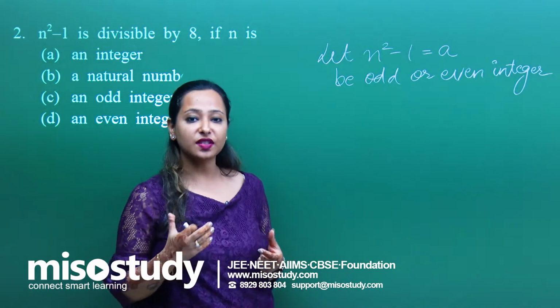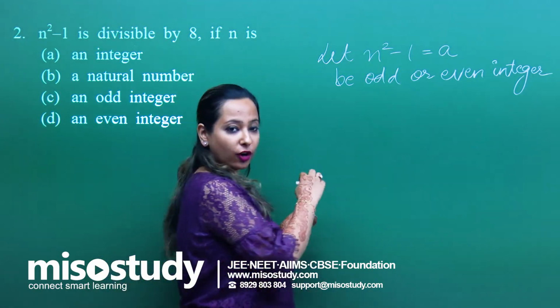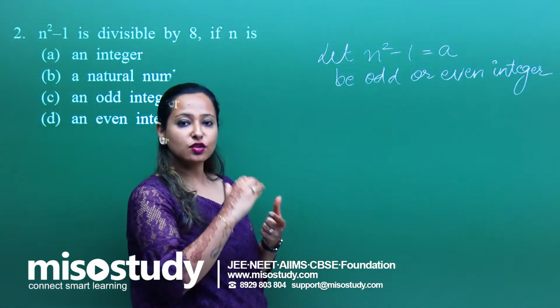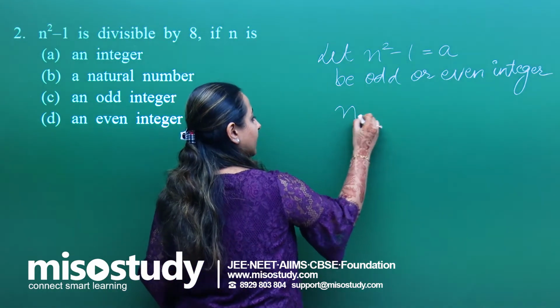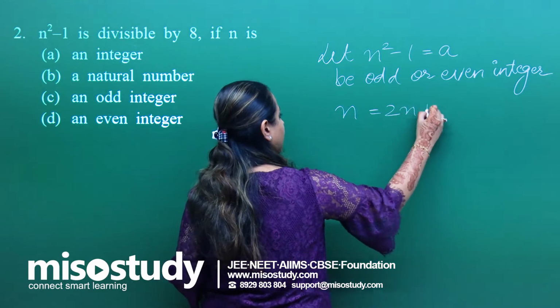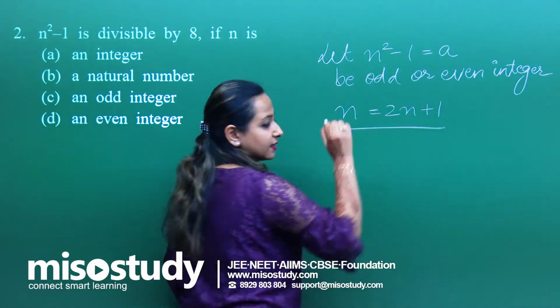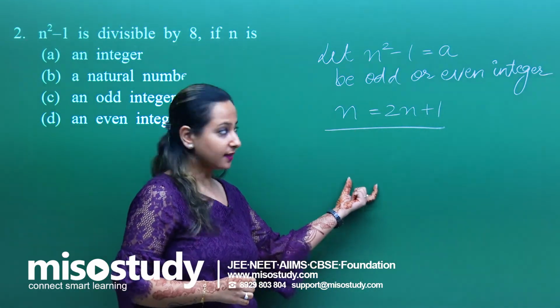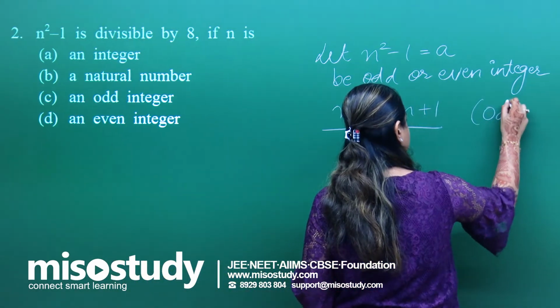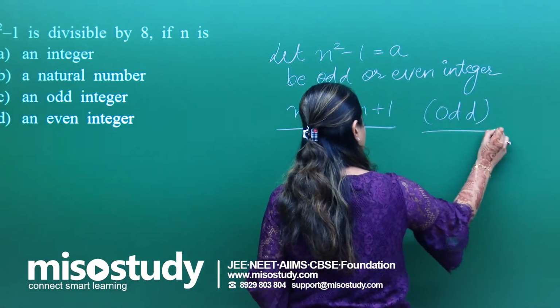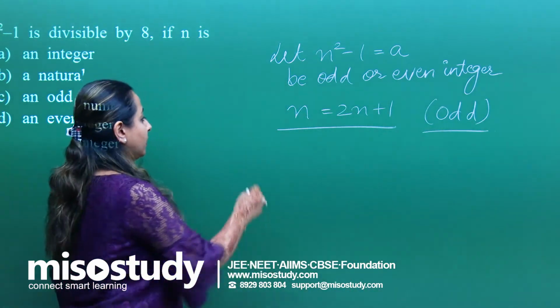Now you must have studied that for an odd number, the expansion is 2n plus 1. So let's take n as 2n plus 1. This is the case when this a is an odd number. This is your case 1.